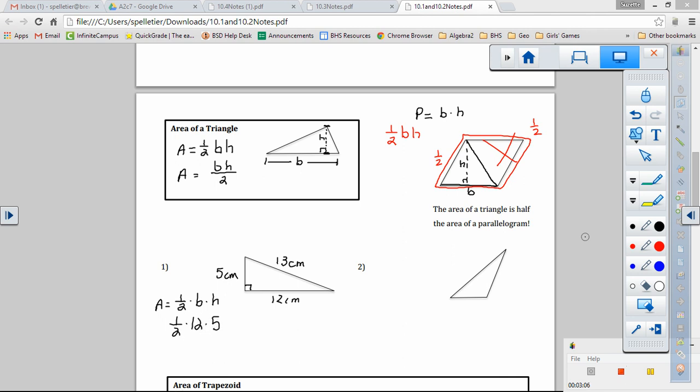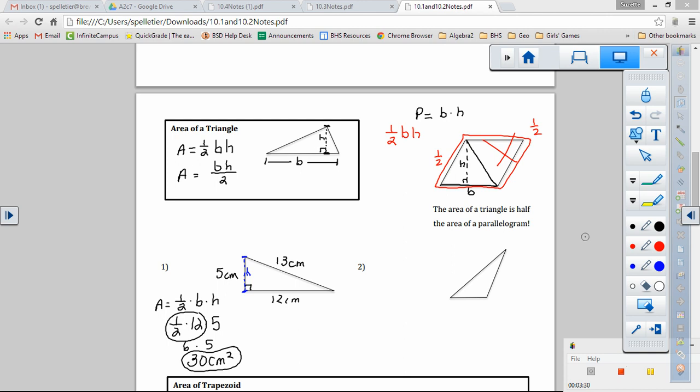So remember, the height is the shortest distance between the top and the bottom. That forms a right angle. So there's your height. So 1/2 of 12, if you do 1/2 times 12, you get 6, and 6 times 5 is 30. So I have 30 centimeters squared is the area of that triangle.